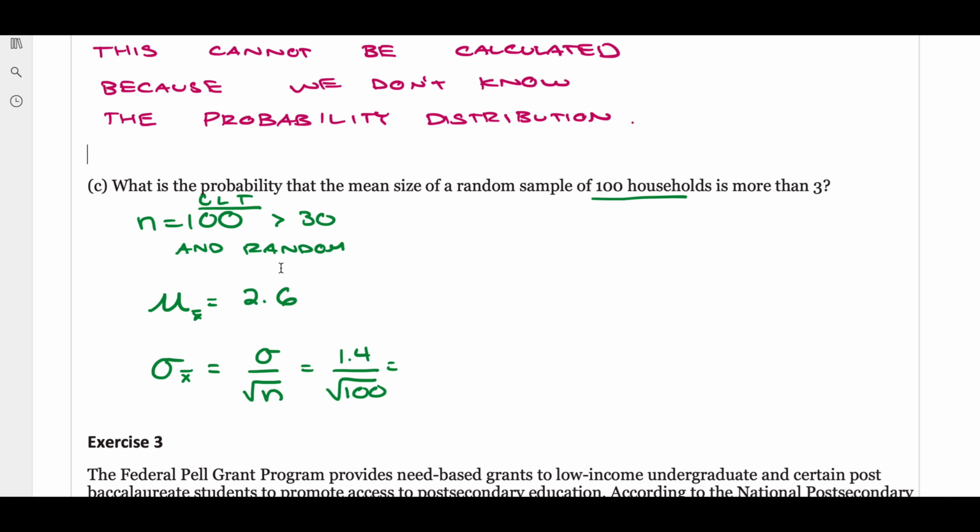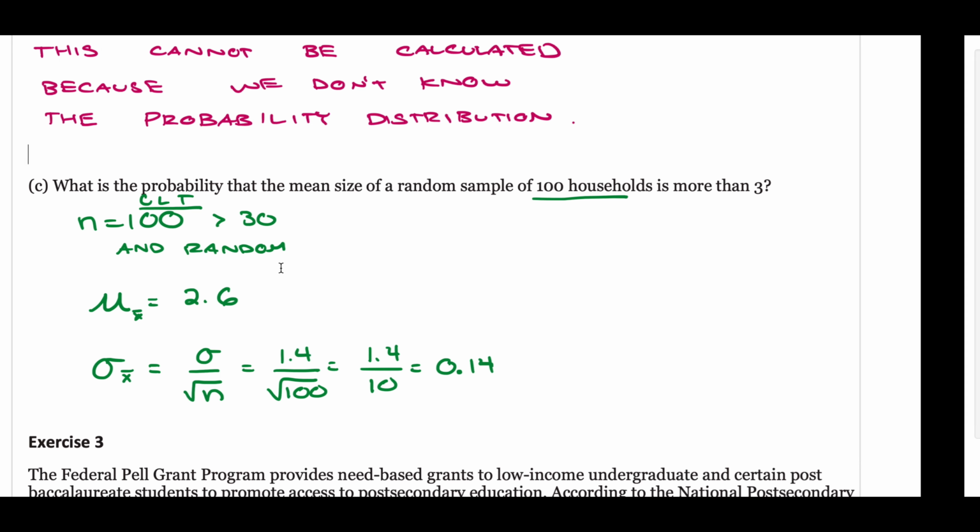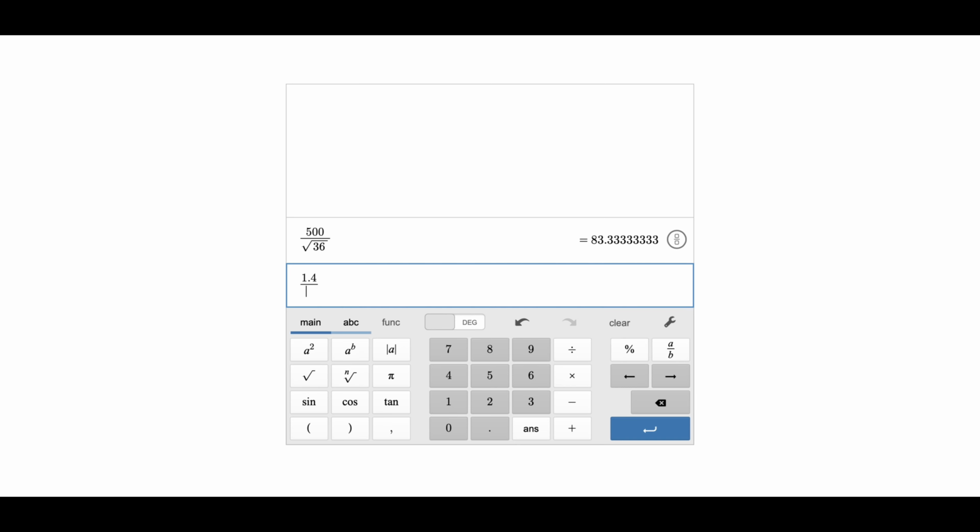The square root of 100 is 10. And so 1.4 divided by 10, I get 0.14. You can use a calculator to do this. Take the standard deviation, divide by the square root of 100, and you get 0.14.